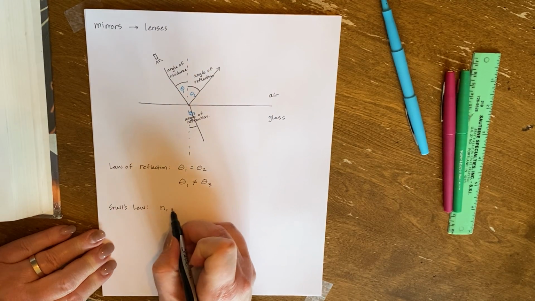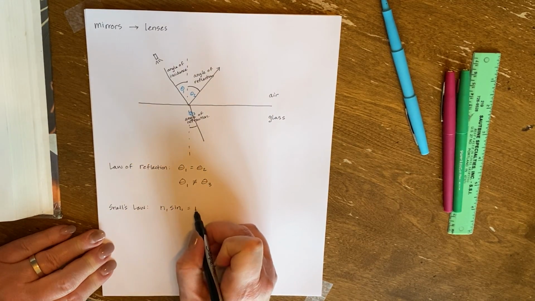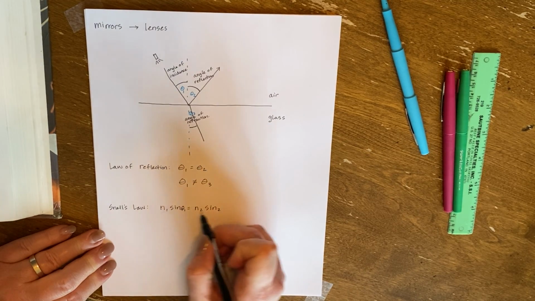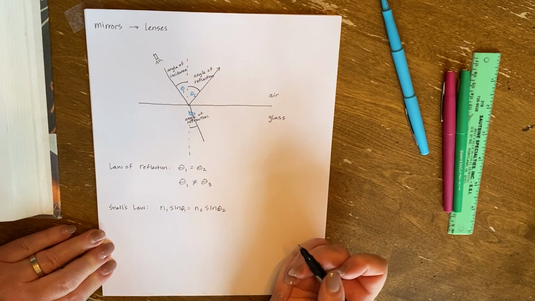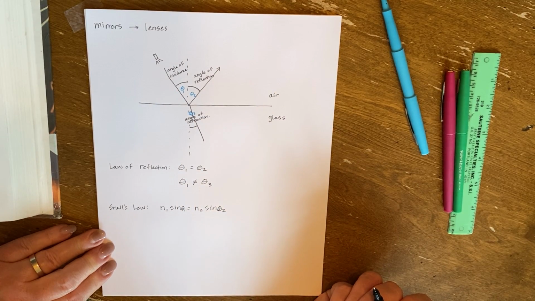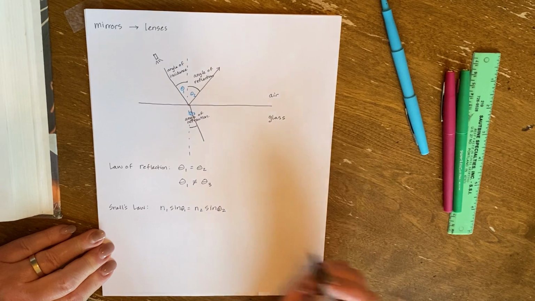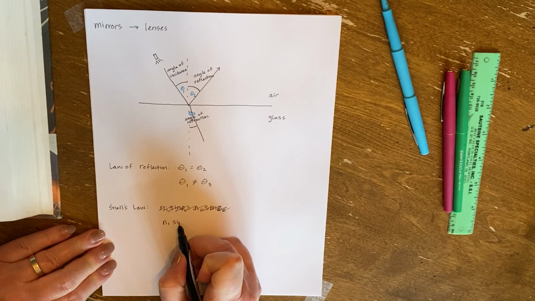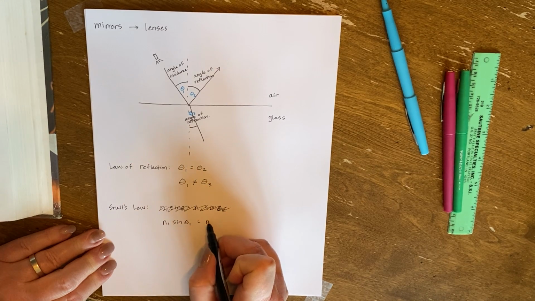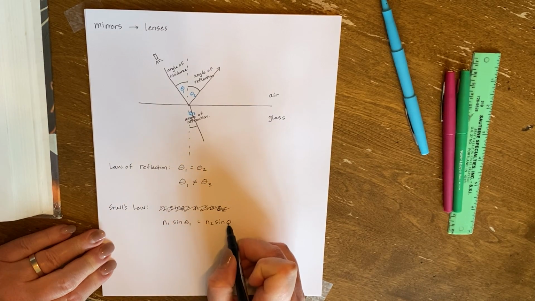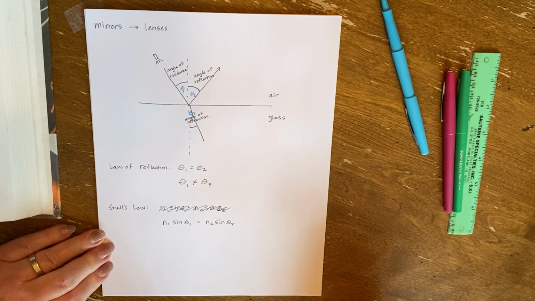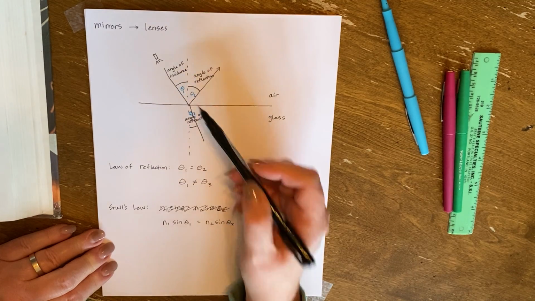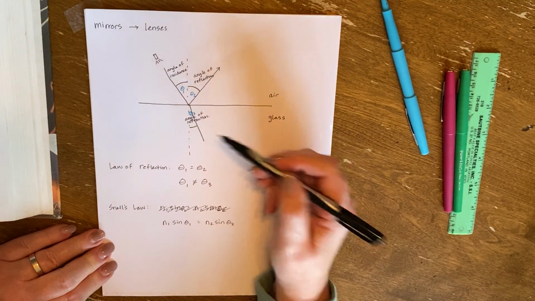If you recall, Snell's law is n1 sine theta 1 equals n2 sine theta 2, where this is the angle of incidence and this is the angle of refraction. Let me just write that over because that looks really sloppy.